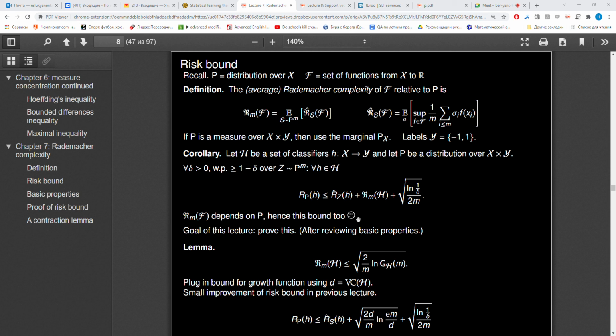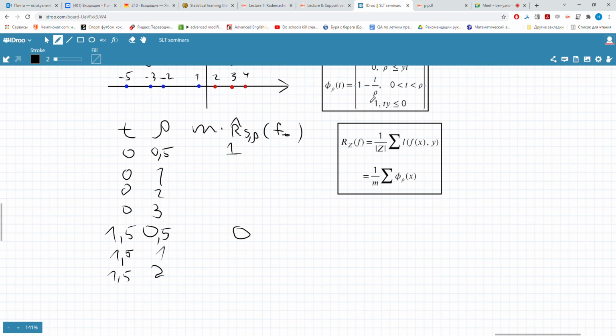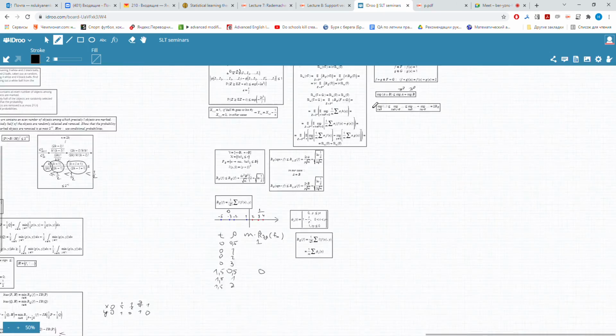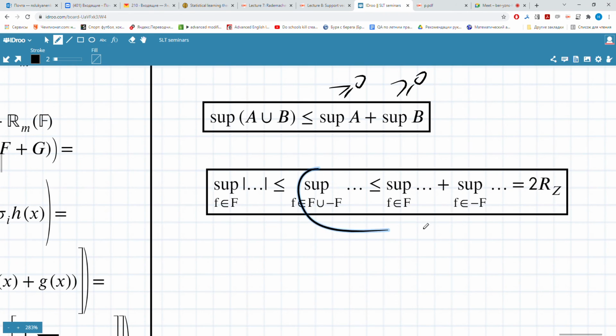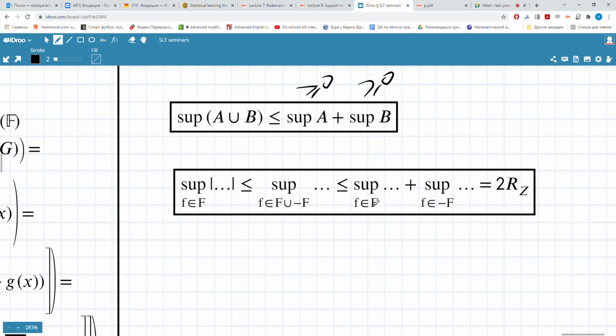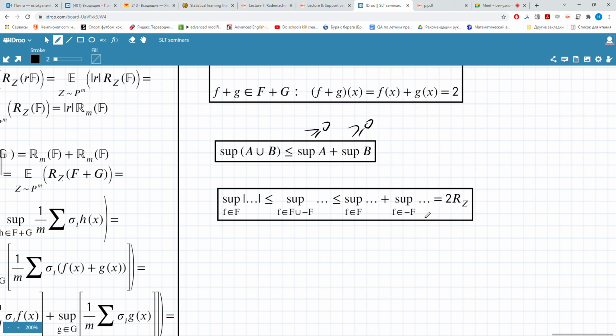But on the previous seminar, we proved a statement, maybe you remember it, that the supremum of the modulus of some set of functions can be bounded by the supremum of F and the supremum of minus F, which equal each other, so the supremum of the modulus can be bounded with two Rademacher complexities. So we can apply this inequality again.